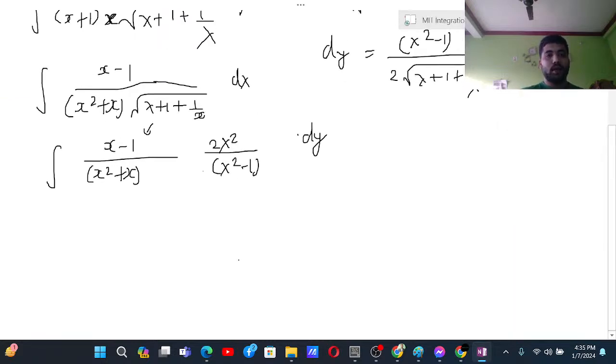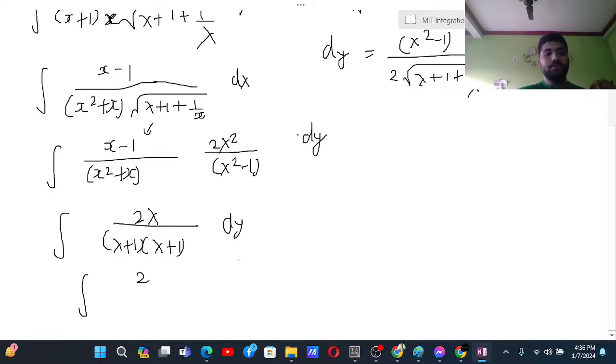Now we have this. Now we can cancel one of the x minus 1s, and also we can cancel the x. So we have 2x by x plus 1 and x plus 1 dy. So we have now 2, and this is x square plus 2x plus 1 dy.